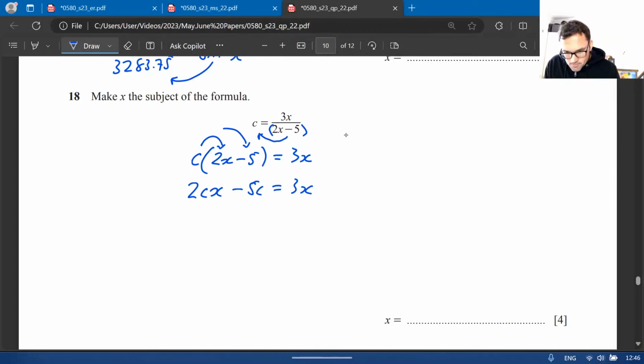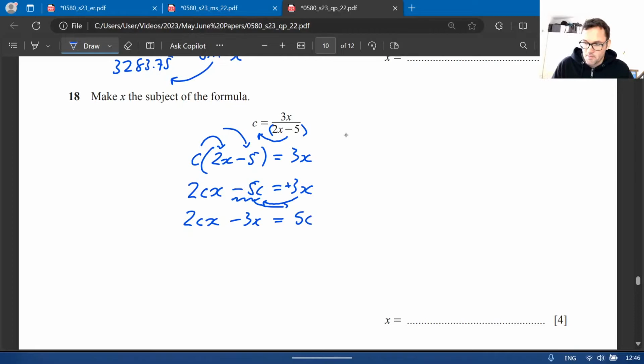Meaning, I've got the 2cx here, and I'm going to bring the term with an x to that side. This is a positive 3, so it becomes negative 3x. This minus 5c does not have an x, so I'm going to chuck that to the other side. The minus becomes a plus, so it's 5c.